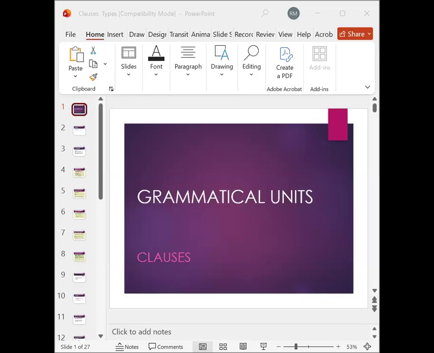Okay, so, example. Give us a sentence. They kept the man very busy. Okay. So the adjective phrase is very busy. Very good.